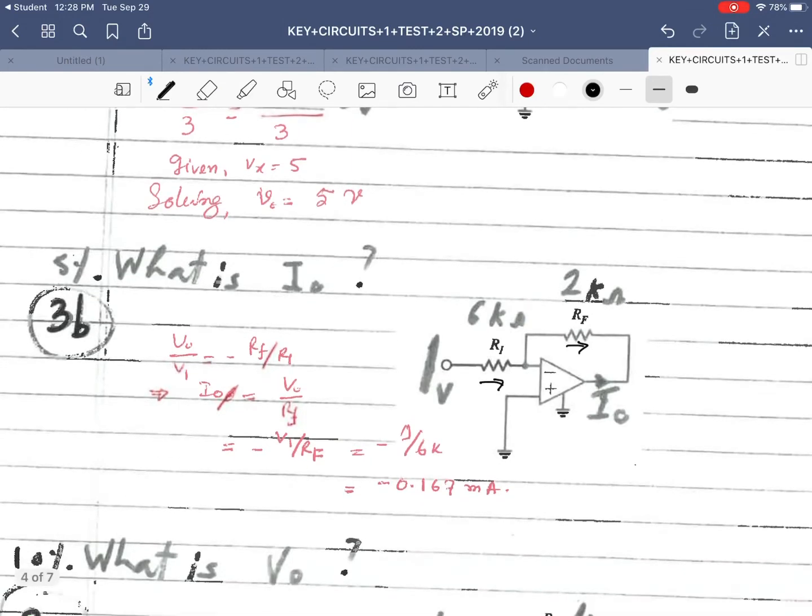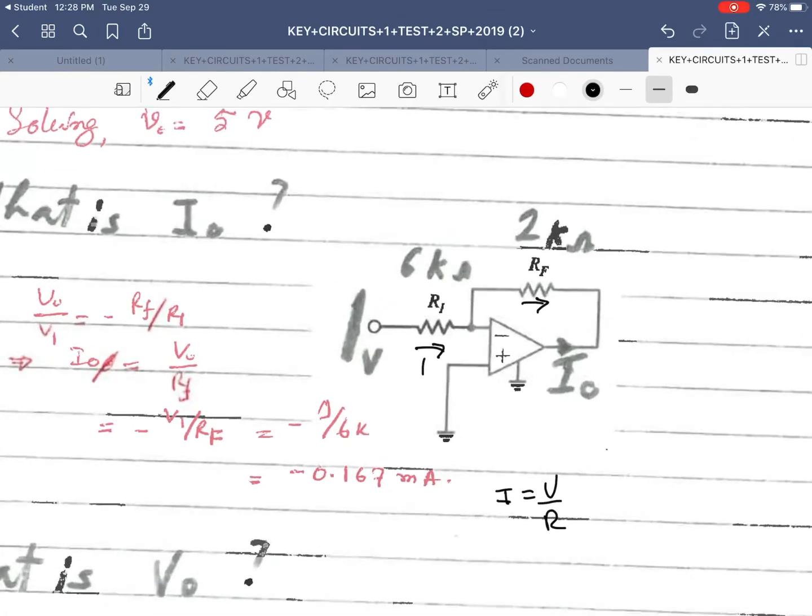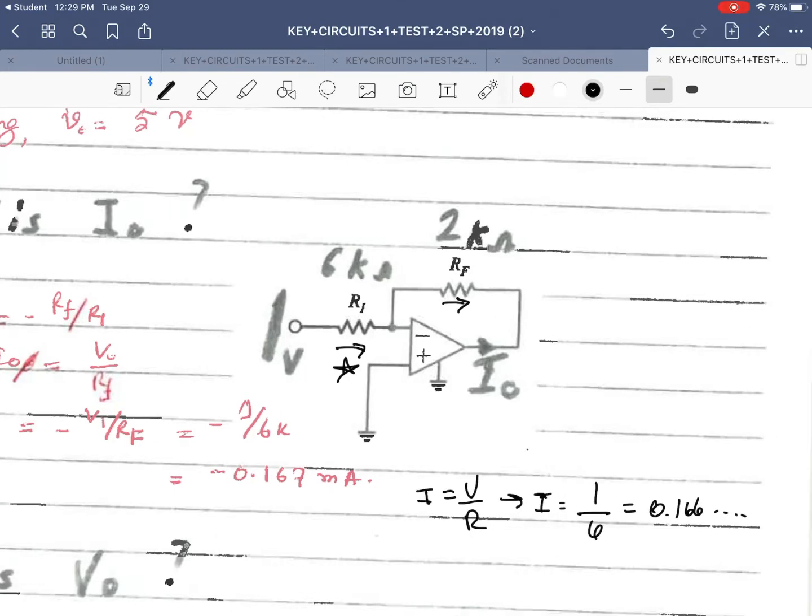So if we want to find the current, I equals V over R. Let's find the current here. I is equal to 1 volt over resistance, which is 6, and 1 divided by 6 is going to be 0.166, and it continues.